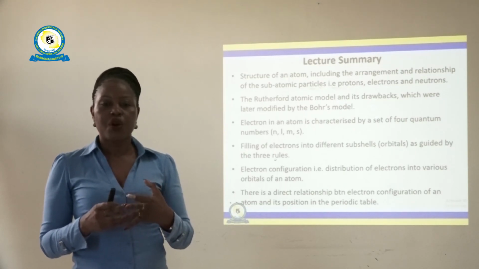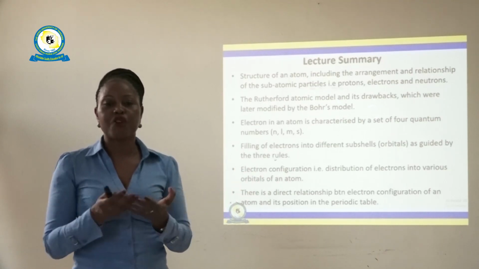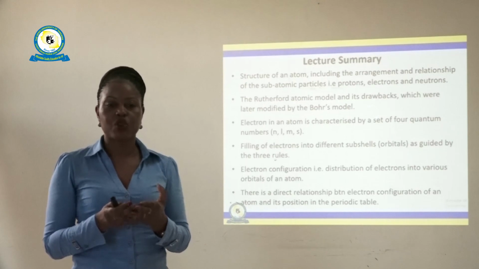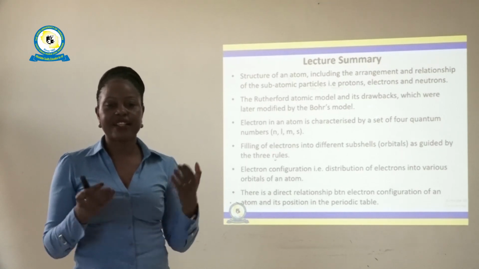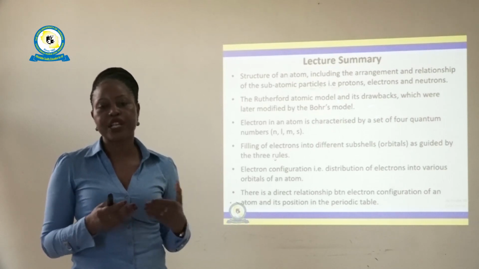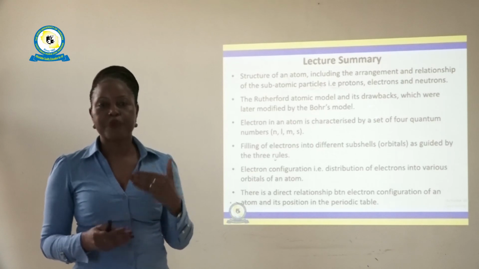And also, we noted that electron configuration is the distribution of electrons in various orbitals of an atom, and that there is a direct relationship between electron configuration of an atom and its position in the periodic table.